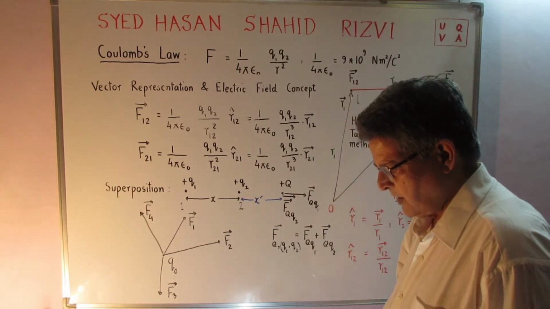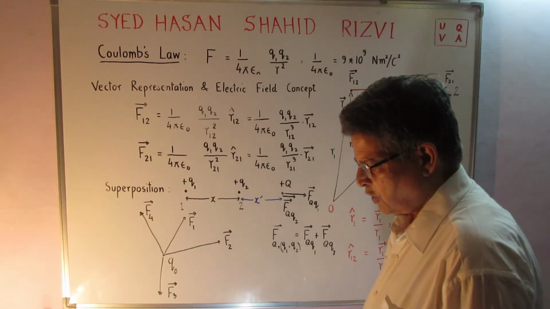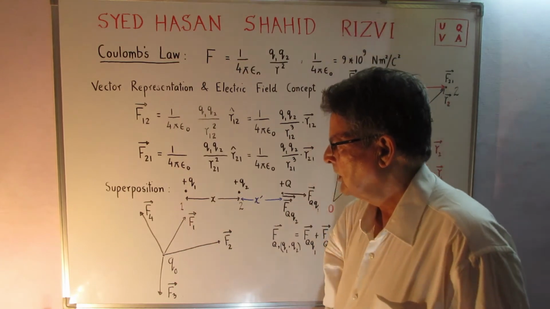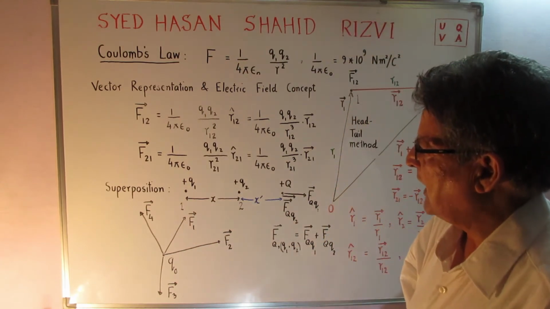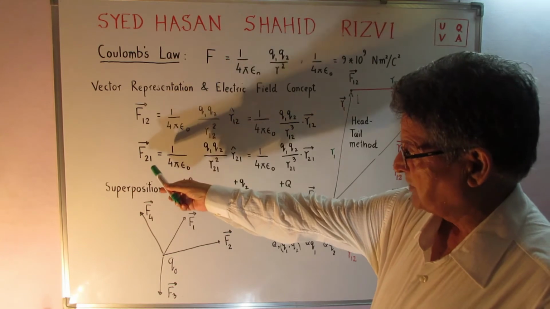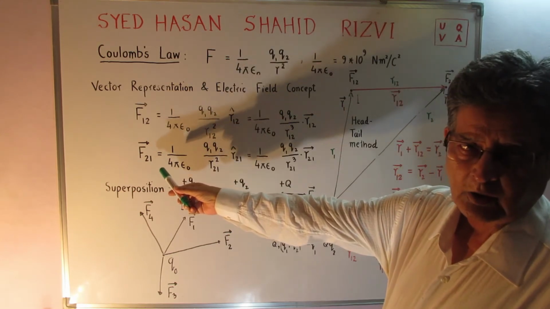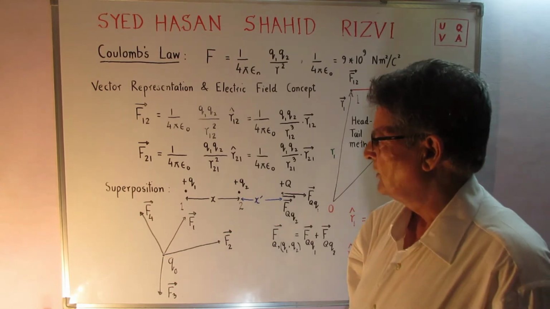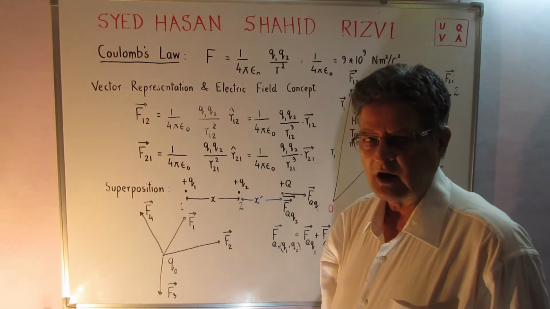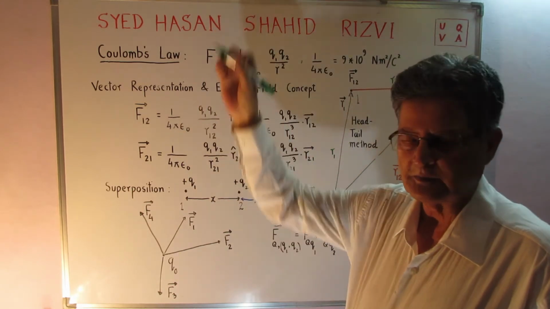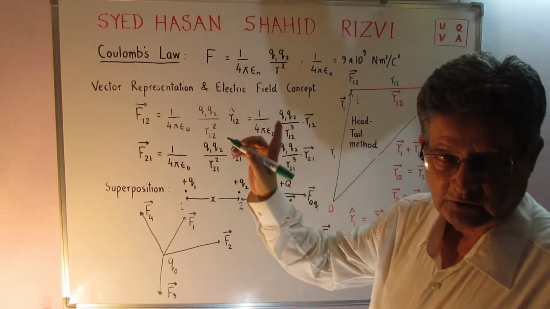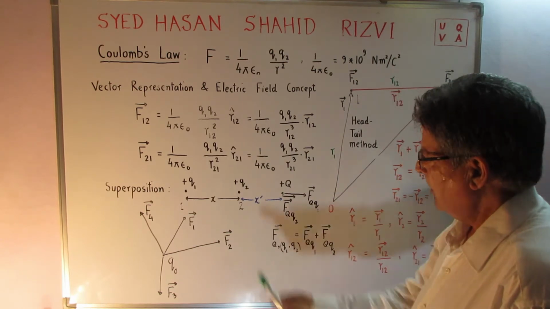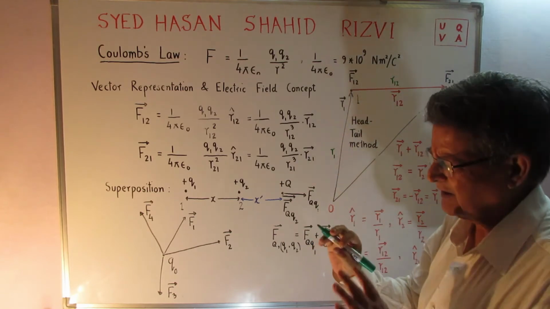So this is the way to express Coulomb's force. Of course, we'll see that F12 plus F21 will be equal to 0, and that means it is consistent with Newton's third law. So that is it. It's not very difficult.